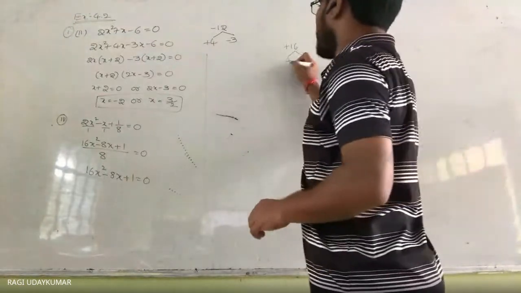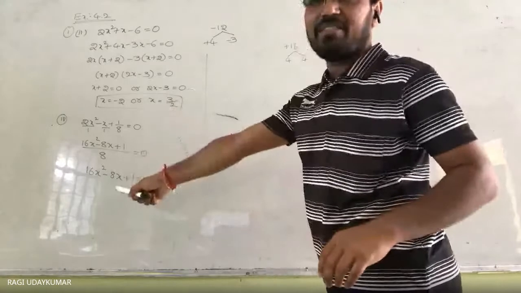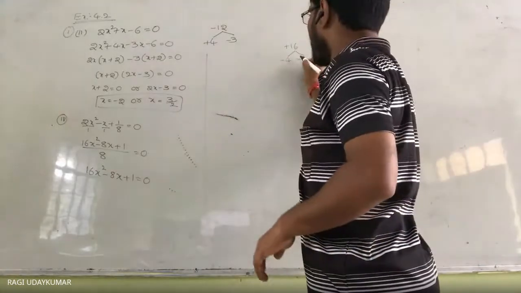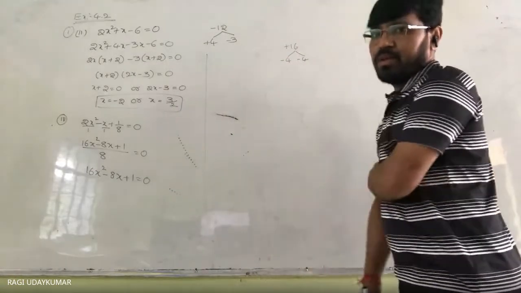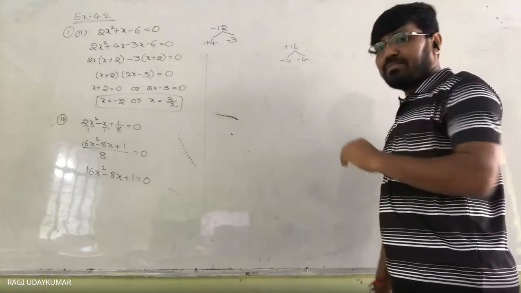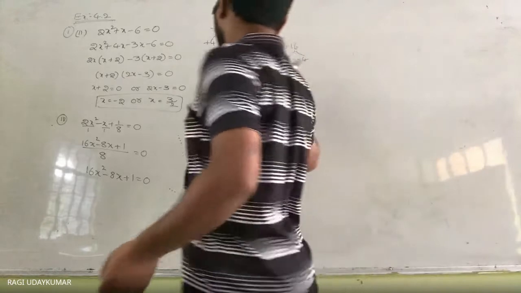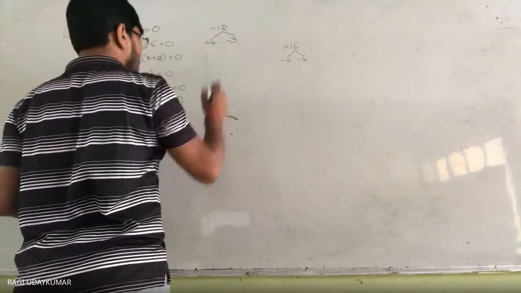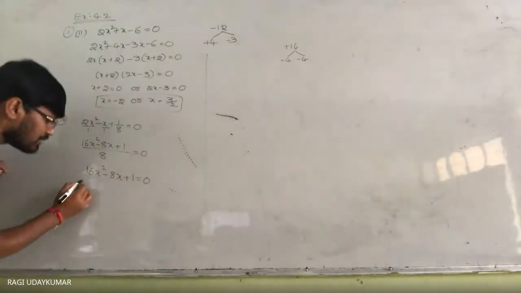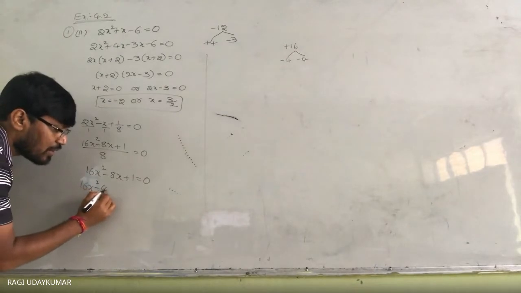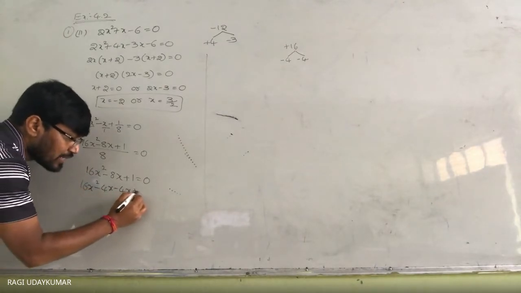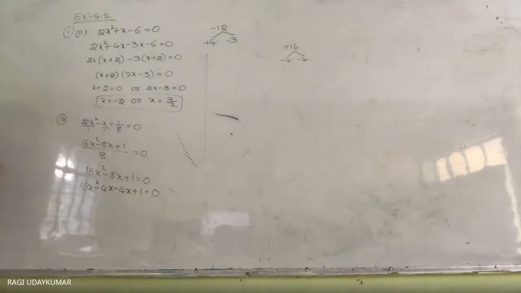That means 4 fours for the 16 only should be taken. As we are having a minus sign, both should be given the same sign. Either both should be given plus or both should be given minus. So here both should be given minus. So we are going to write it as, here I am simplifying, 16x square minus 4x minus 4x plus 1 is equals to 0.